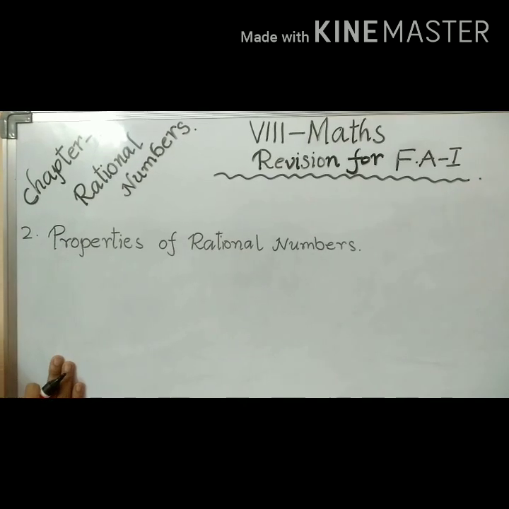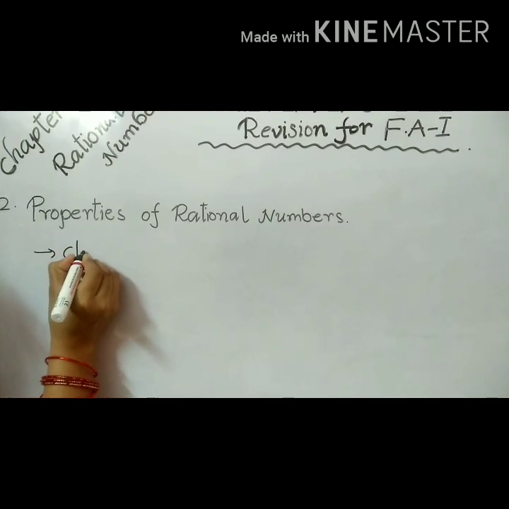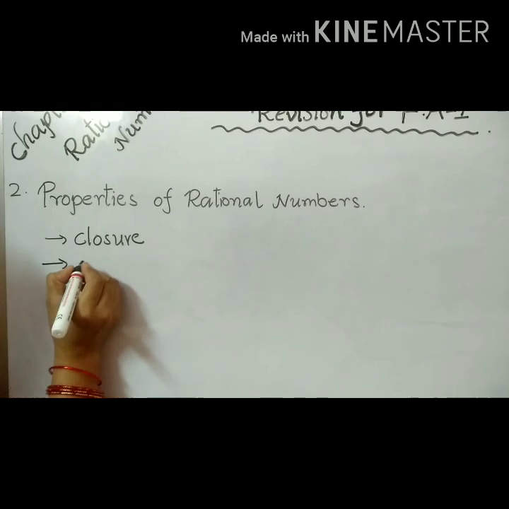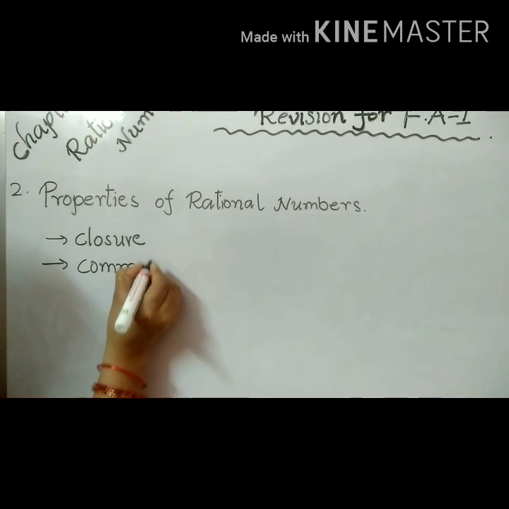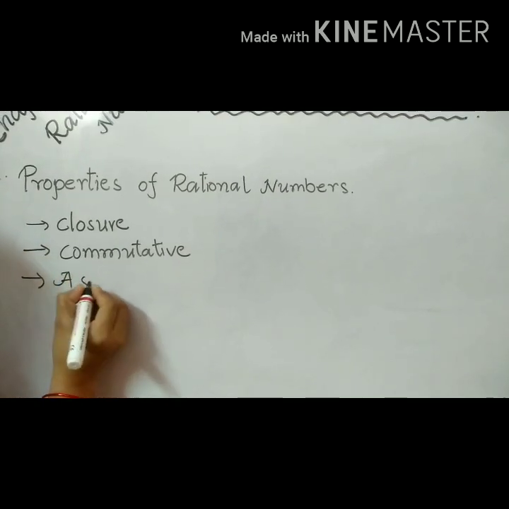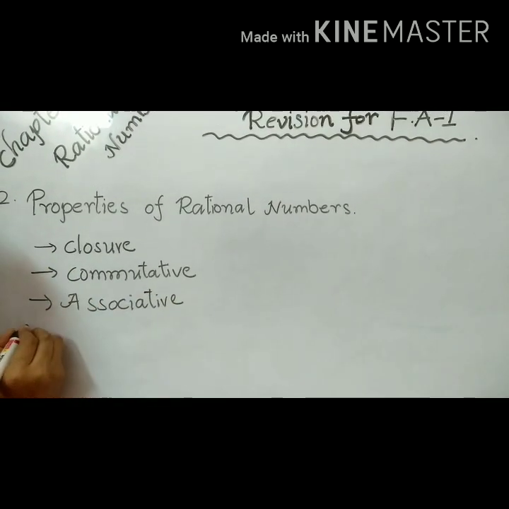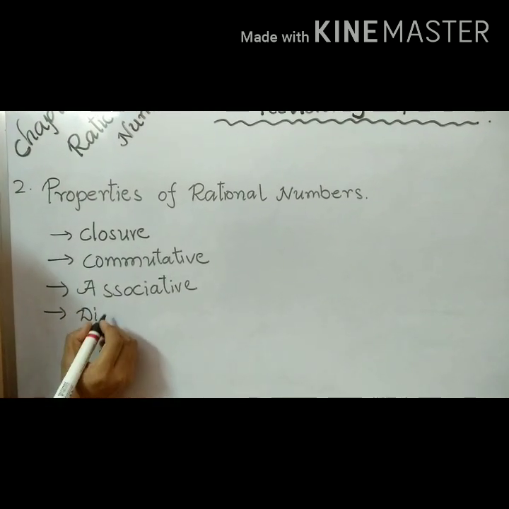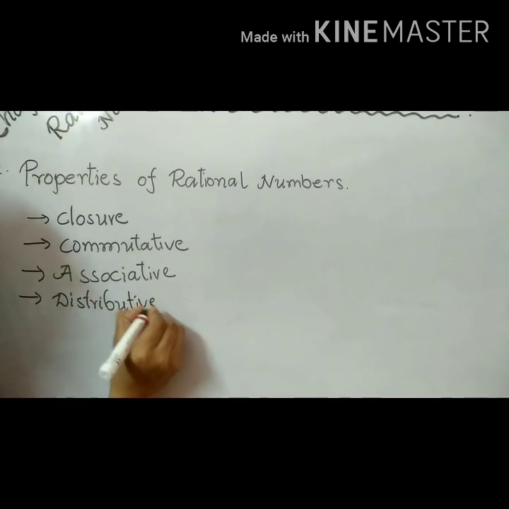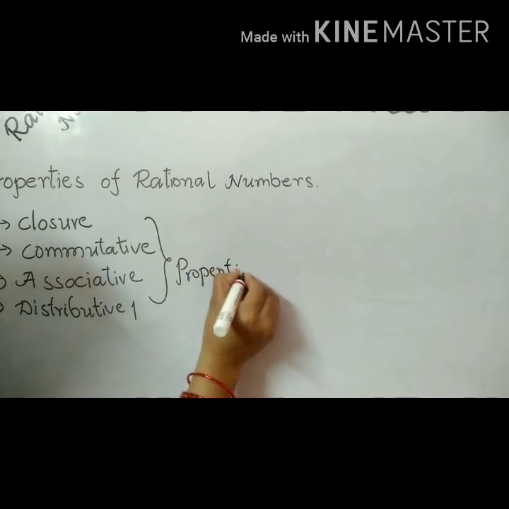Under addition, the first property is the closure property, the second one is the commutative property, the third one is the associative property, and the distributive property.